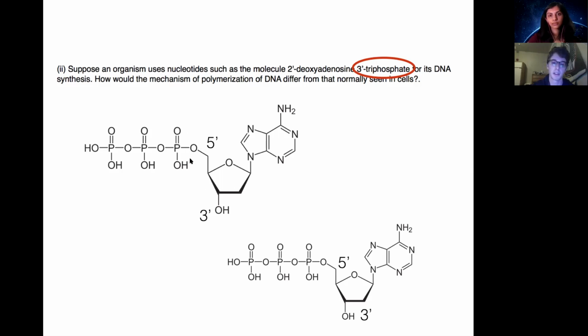So even though the triphosphate is now at the 3' end, the hydroxyl is going to attack the triphosphate. So DNA polymerization is going to be in the opposite direction of 5' to 3' to fit how this molecule works.